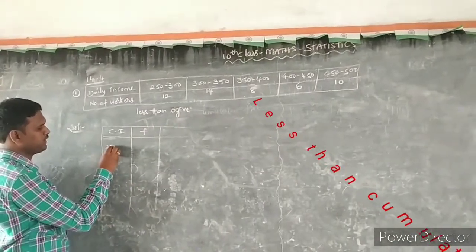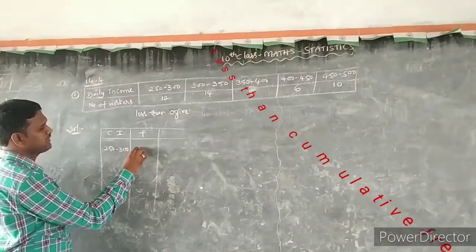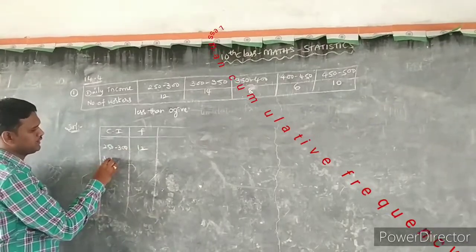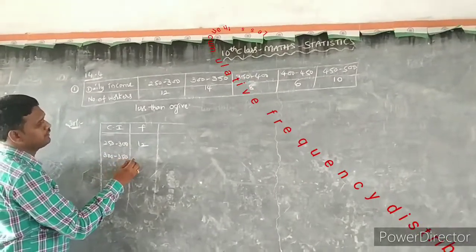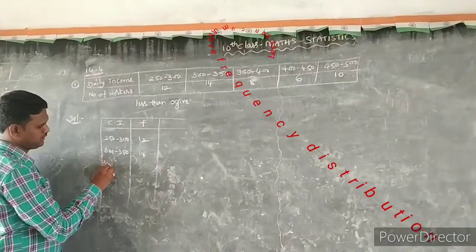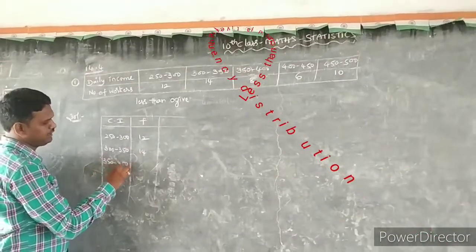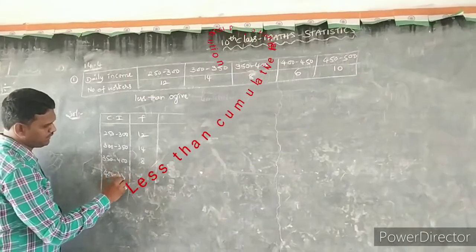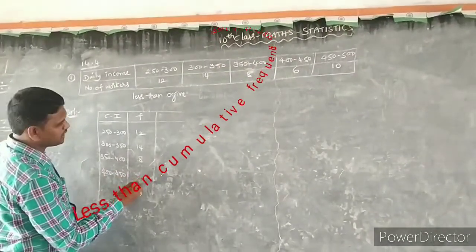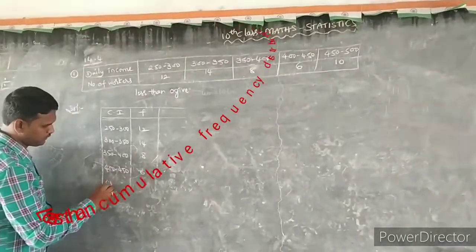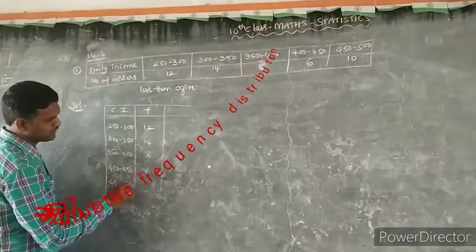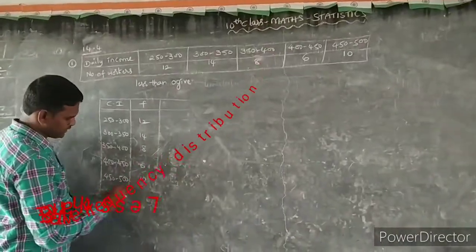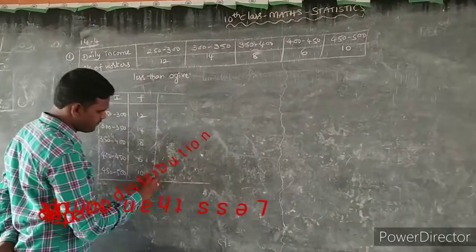That is 250 to 300, frequency is 12, 300 to 350, 14, 350 to 400, 8, 400 to 450, how much we got? 6. 450 to 500 is equal to how much? 10. This is the data given in the problem.